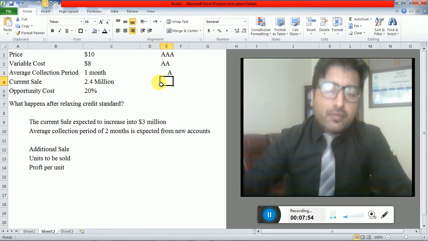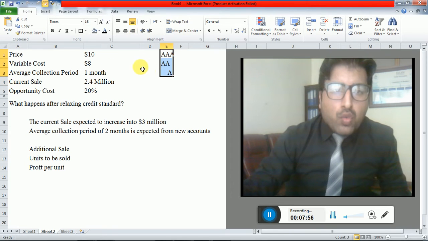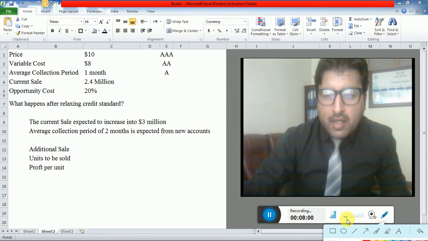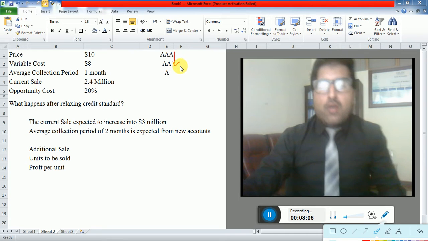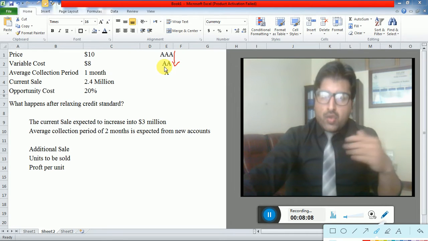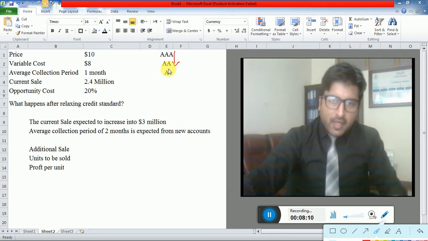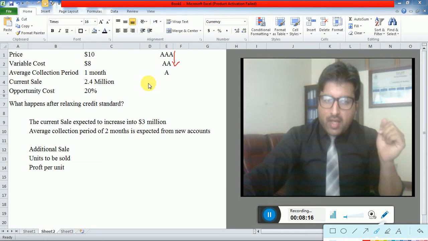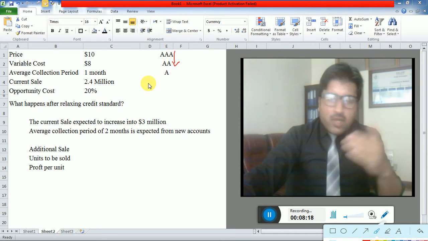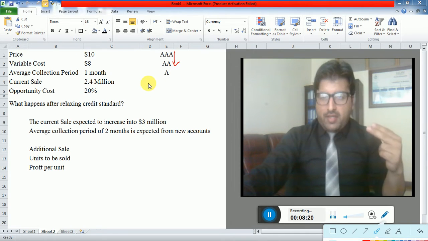Okay, now Basket Wonder is lowering the credit standard from AAA to 2A. Clear? Okay, by this relaxation, what happened? Customers increase, right? When the customers increase, it means sales increase, right?